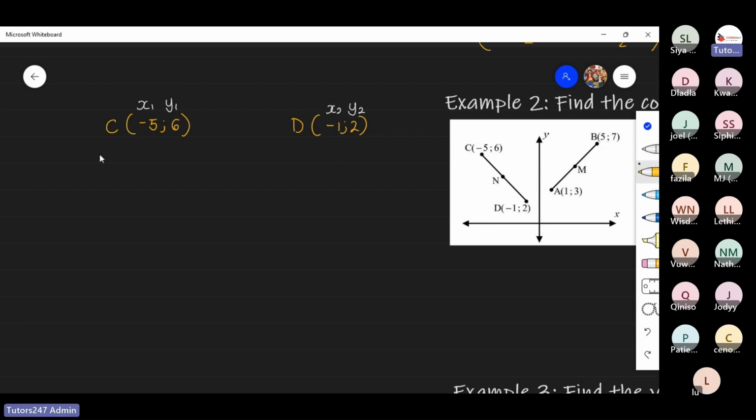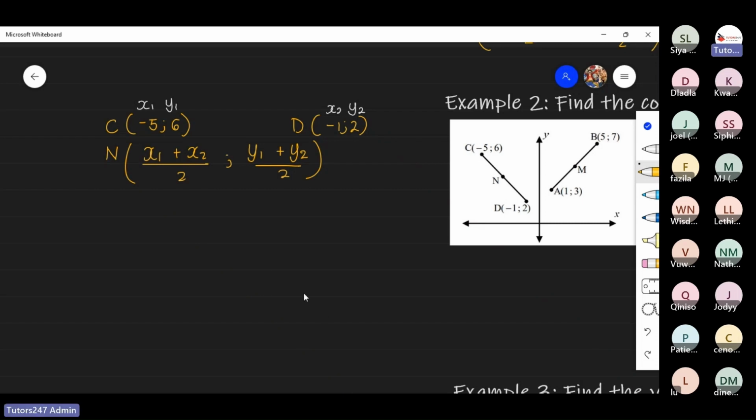So our formula, instead of putting M this time, because I'm calculating for N, because they've used N to represent the midpoint, I'm going to use N in my formula instead of using M. So x1 plus x2 all over 2, semicolon, y1 plus y2 all over 2, and close my bracket.